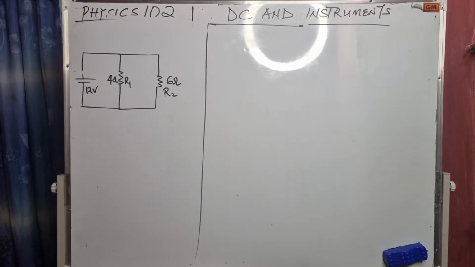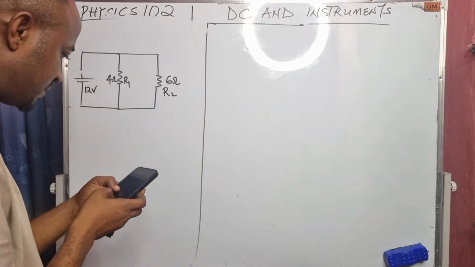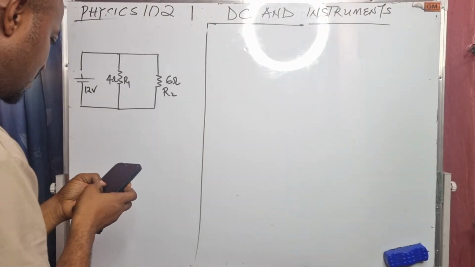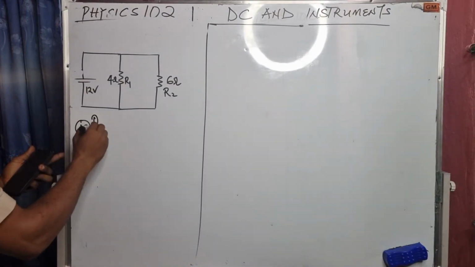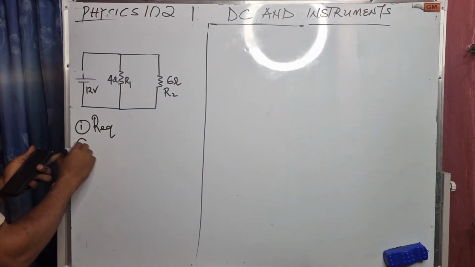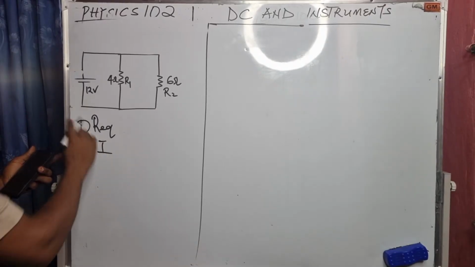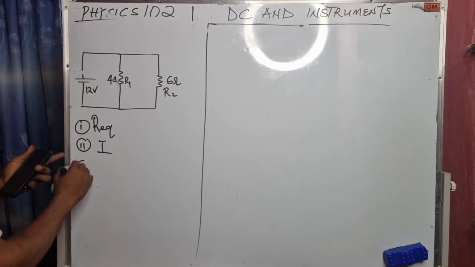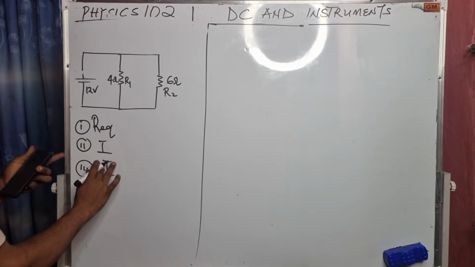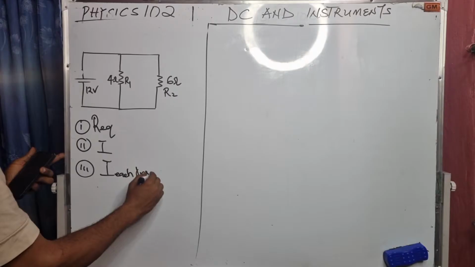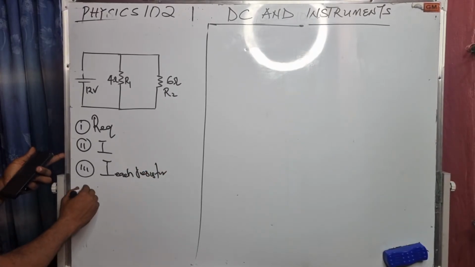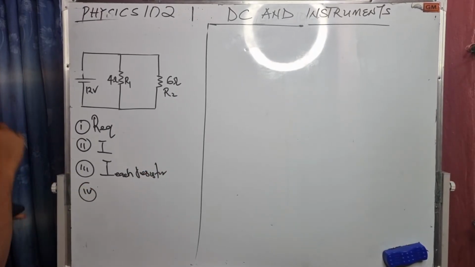We are given a circuit like this, and we are asked to find, number one, our equivalent resistance. Number two, the current that flows through the circuit. Number three, the current that flows through each resistor.